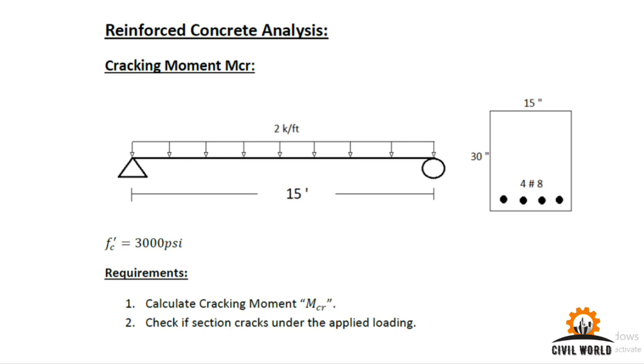Its section is also given, having a width of 15 inches and a total depth of 30 inches. This beam is reinforced with 4 No. 8 bars. The concrete strength used is 3000 psi. Our requirements are to calculate the cracking moment and then check if this section cracks under the applied load.